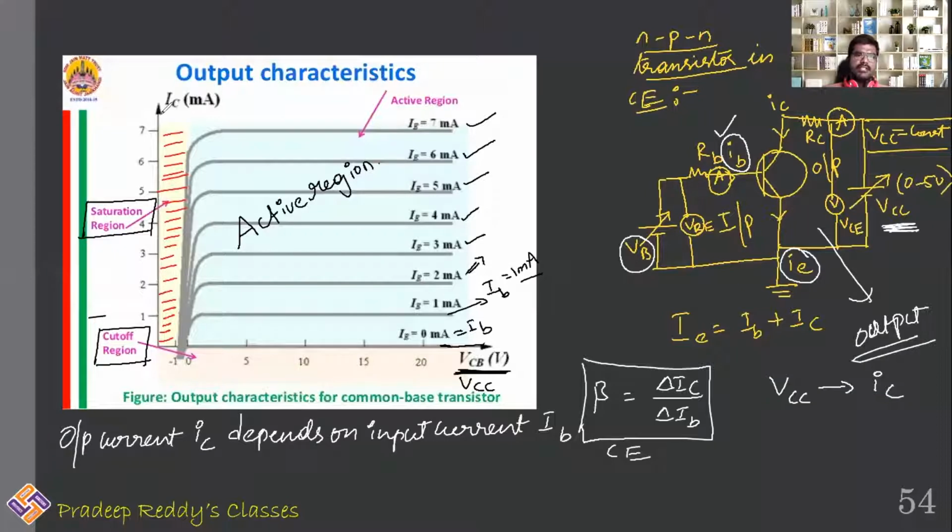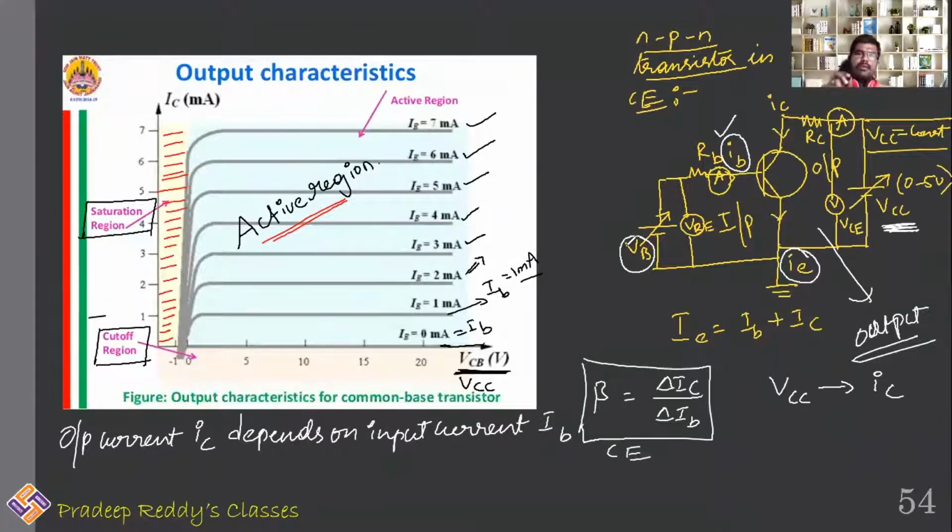Now this is the saturation region, and this is the active region. You will get the graph in the active region if the forward bias and reverse bias junctions are connected such that VCC is not equal to 0 and VB is not equal to 0, there should be some input current in order to drive the output current.